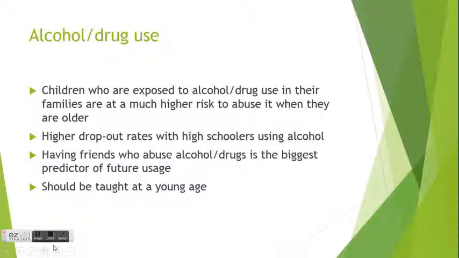Our children should be taught that that is not healthy for them. Now, children who have friends that use alcohol or drugs are at a much higher risk to use themselves, as well as if they are exposed in their families to alcoholism as a child. And alcoholism and drug use can also be genetic.